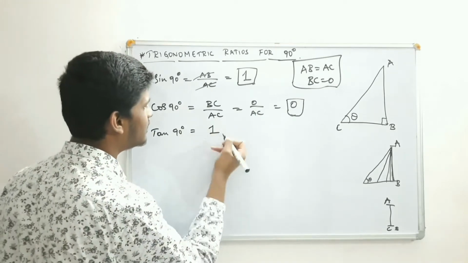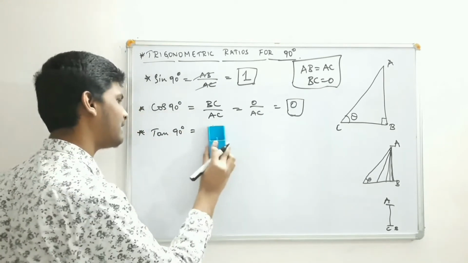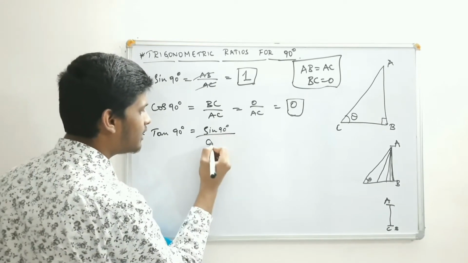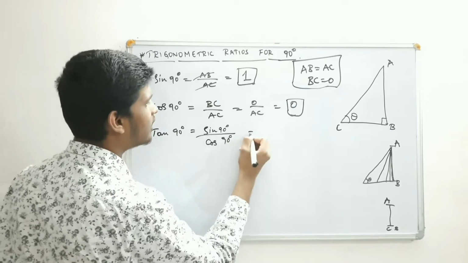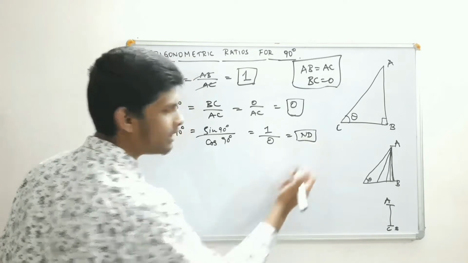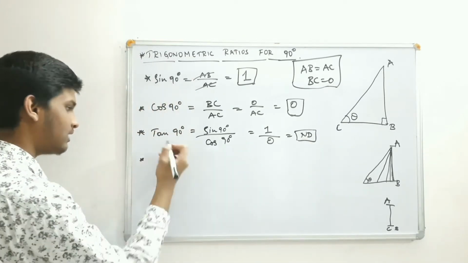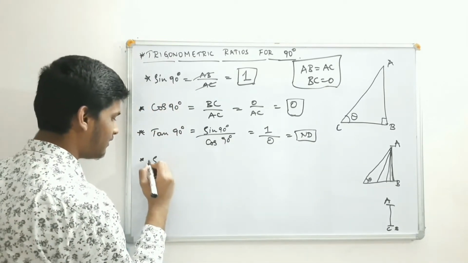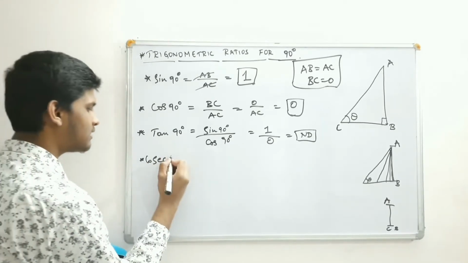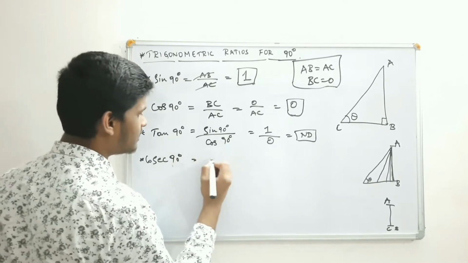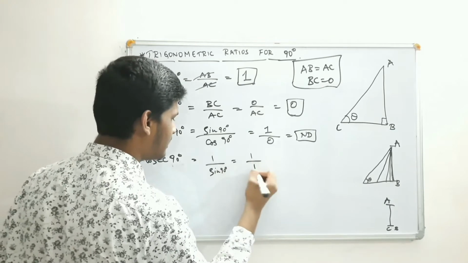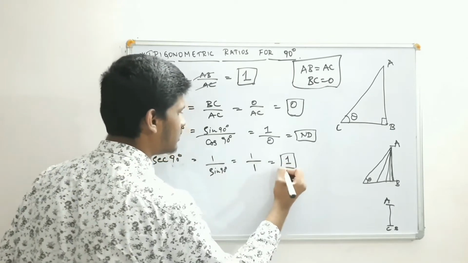So sine 90 degree by cos 90 degree becomes 1 by 0, and this is not defined. Tan 90 degree is not defined. And then cosecant 90 degree is 1 by sine 90 degree, so sine 90 degree is 1 and 1 by 1 is 1.